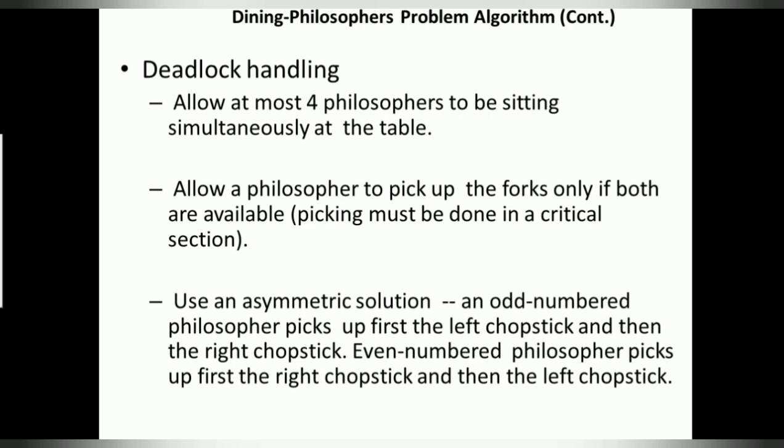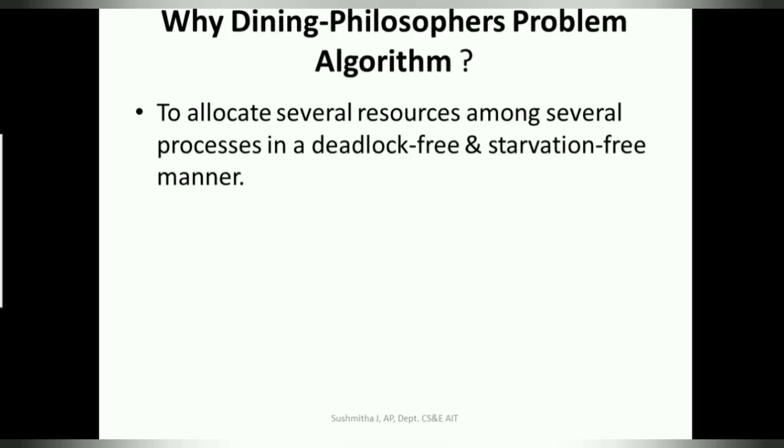Now, when I started the discussion of the dining philosopher problem, I said, how could this be related to the system? It is the same here. There are several resources and several processes. If I call the processes the philosophers and the resources the chopsticks, the processes will be here in the dining philosopher problem.